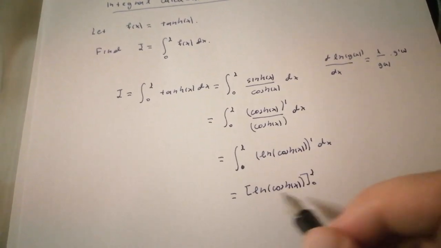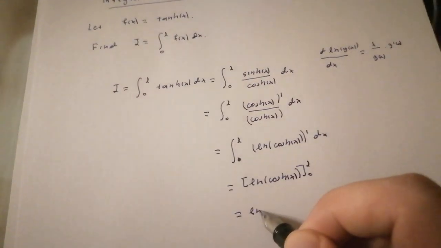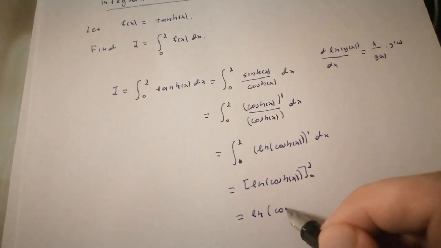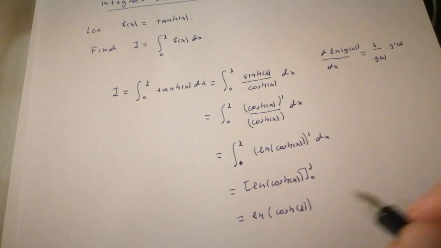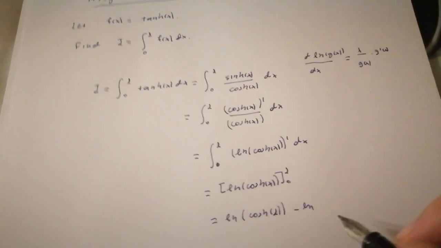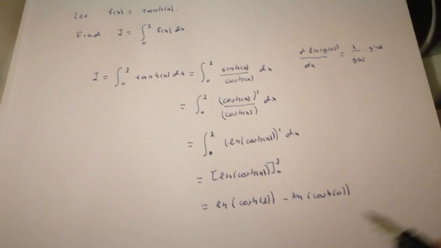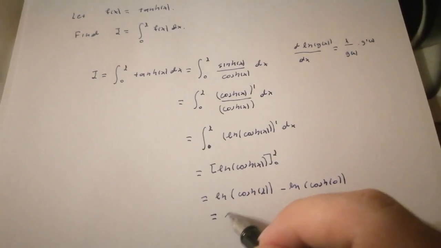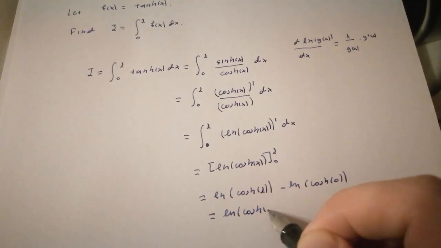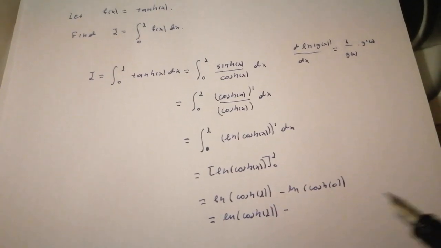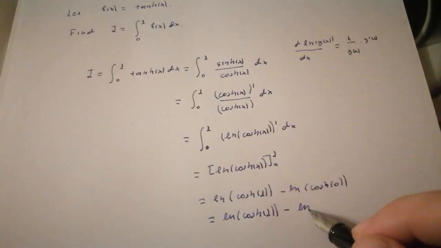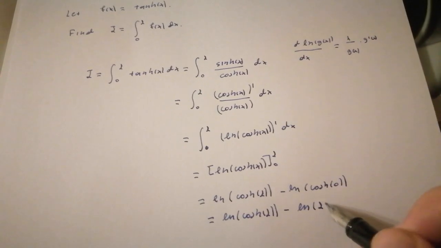So from here we go to here, and this is natural logarithm of cos hyperbolic of 1 minus natural logarithm of cos hyperbolic of 0. So this is natural logarithm of cos hyperbolic of 1 minus natural logarithm of cos hyperbolic of 0, where cos hyperbolic of 0 equals 1.